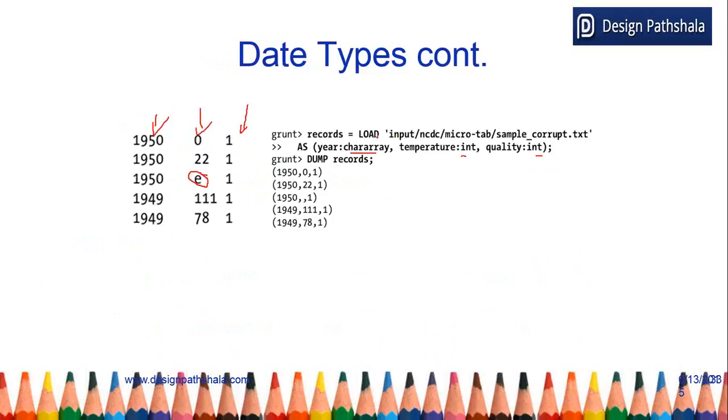When I've loaded this file and say dump records, you can see this is missing, so it is converted to null. Pig will not give you an error or throw you anything. It will silently convert that to null and do the rest of the processing for you. The same thing happens when it assumes the data type based on the operation. It will convert that to null and silently do the processing for other things. It will not throw any errors to you.